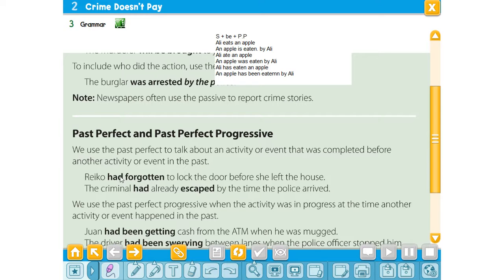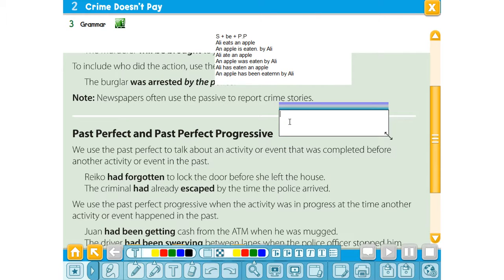So we use past perfect with had. The main rule will be had plus past participle.